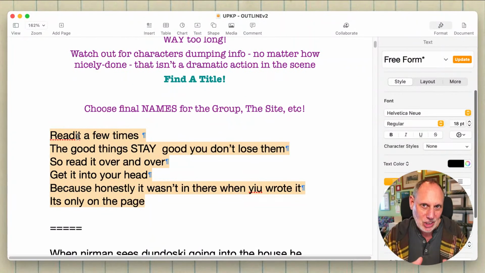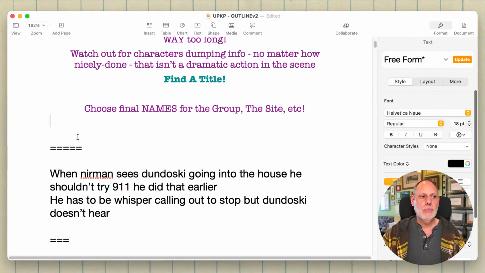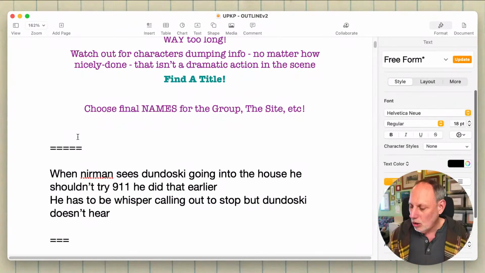It's like, what do I actually have here? You need to get familiar with it like if you were painting a house, you would need to know where all the rooms were. You would need to walk through it a whole lot and say, okay, this wall needs this and this wall needs that. That's what you need to do with your script. You need to walk through it over and over, get familiar with it.